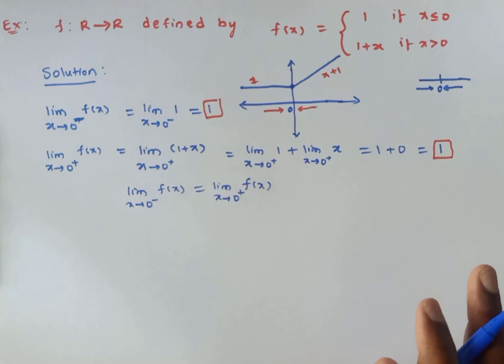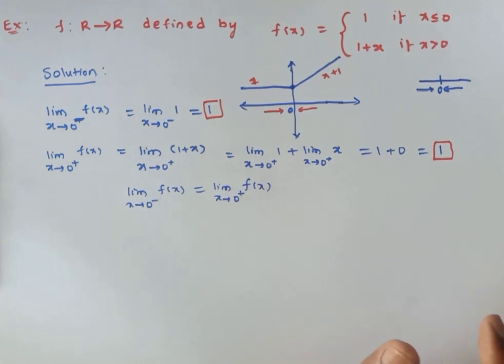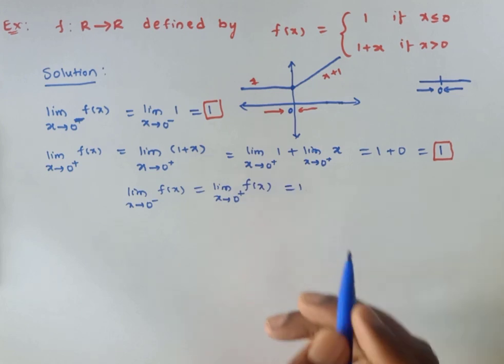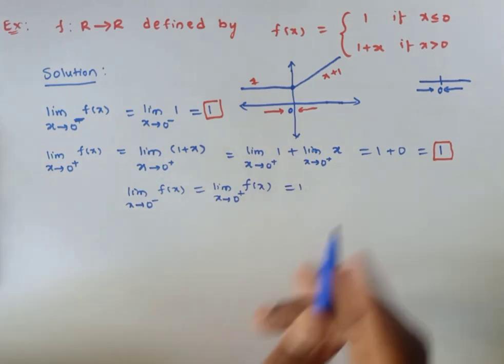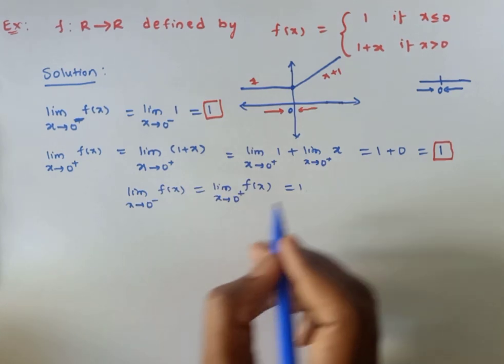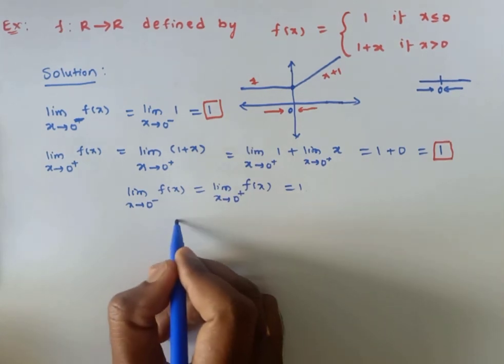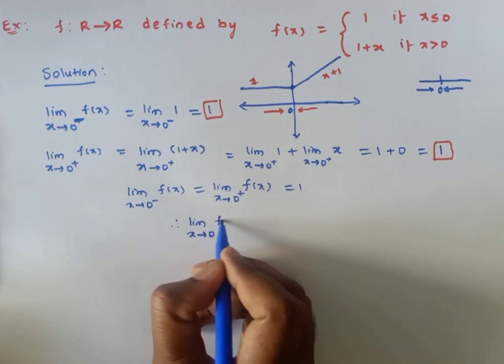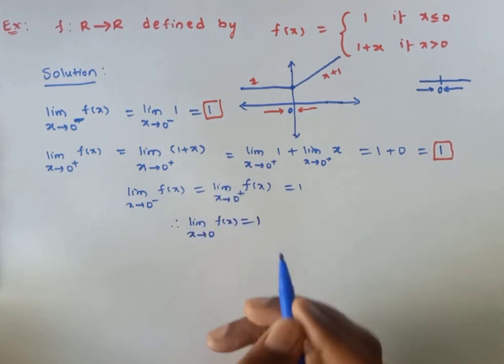Both right and left hand limits exist and they are equal to 1. Or simply, if both the limits exist, we can directly express this as the limit as x tends to 0, no problem. This is 1.